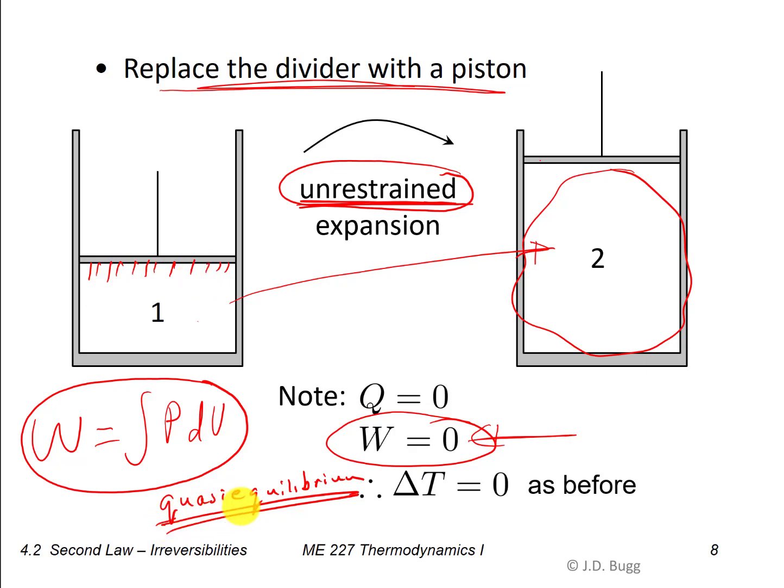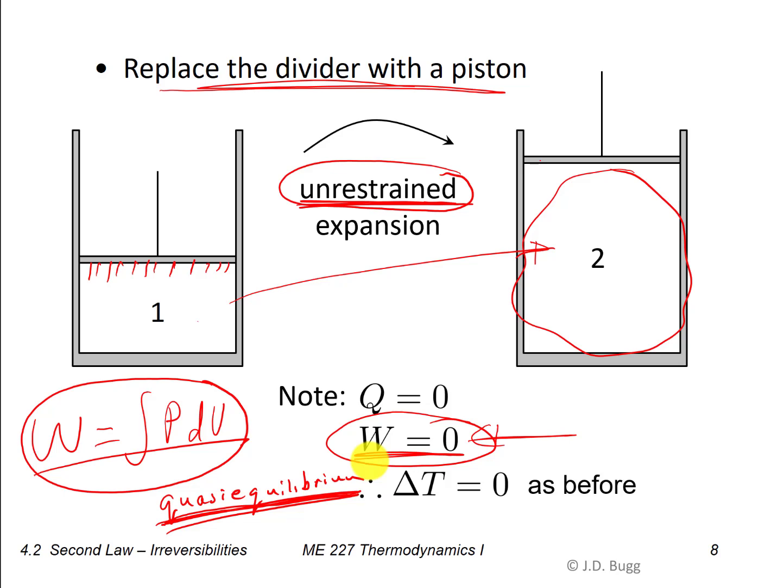So a quasi-equilibrium process is when this is valid. An unrestrained expansion is definitely not a quasi-equilibrium process. That's why the work is zero in this scenario, even though there's a volume change. So that was just a little revisiting of this equation, work equals integral P dV, and talking about why it's not applicable in this case, and so the work is zero.